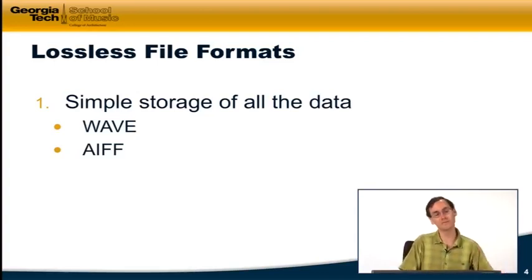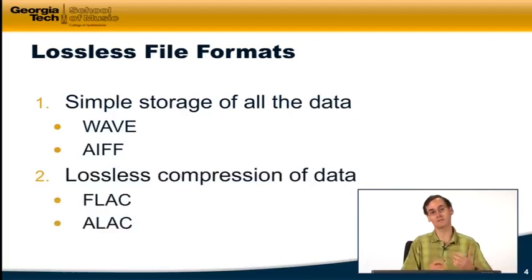If we wanted to save some space, we could try to compress this data, and we could use a lossless compression format. What a lossless compression format would do is something similar to what a zip archive would do for other types of files. It would go through and try to re-encode all these amplitude values in a way that represents the most commonly used ones a little bit more efficiently, at the expense of representing some of the less frequently used ones less efficiently.